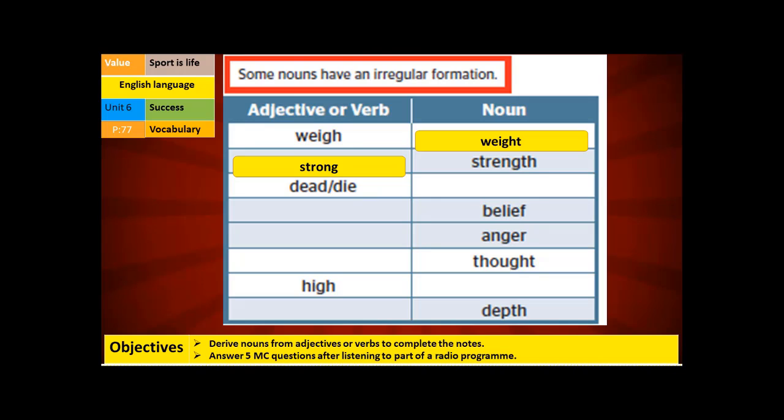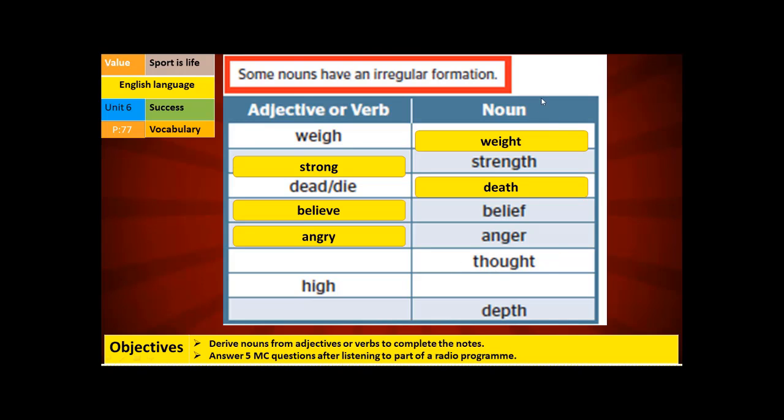When someone dies or when someone is dead, we are talking about his death. Belief is a noun coming from believe. Anger, a state represented by a noun which derives from the adjective angry.